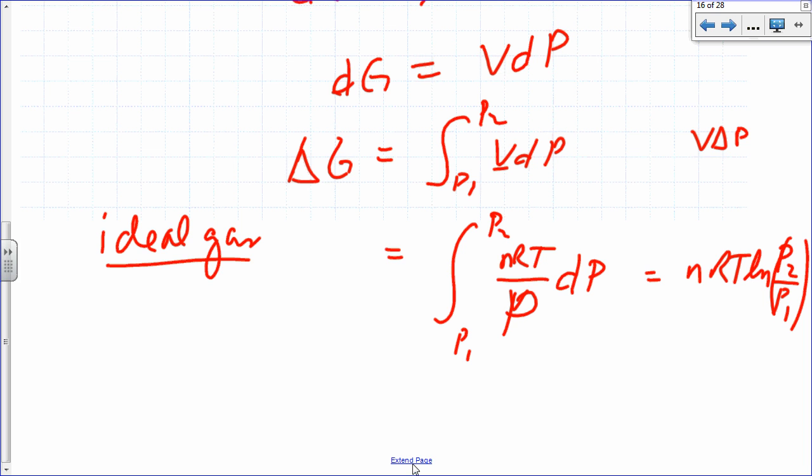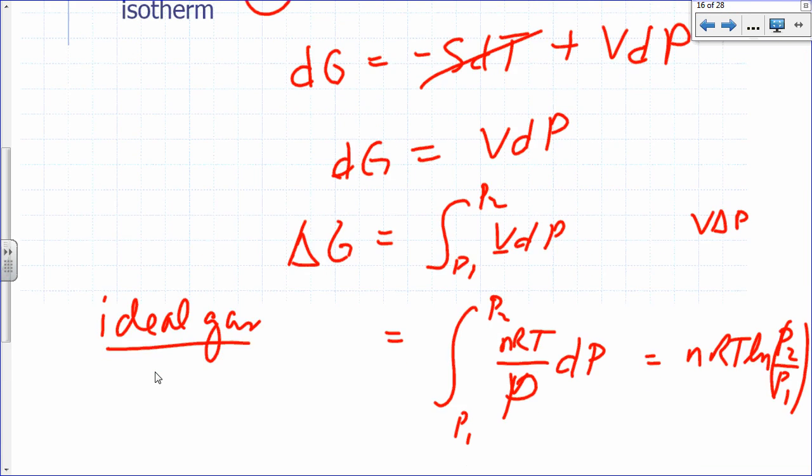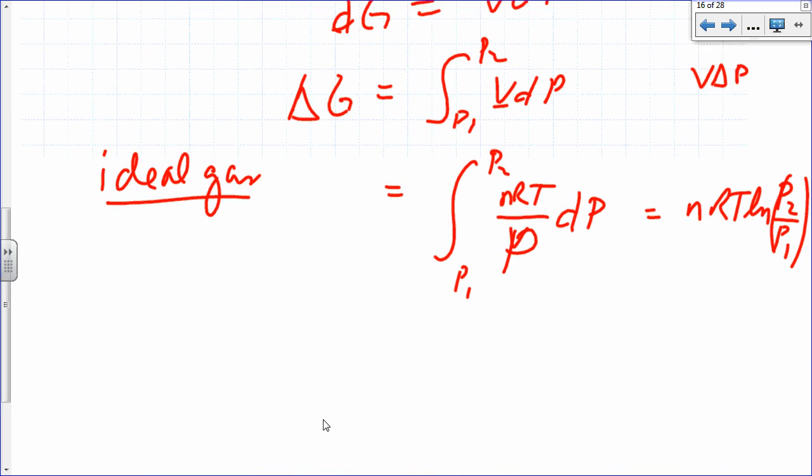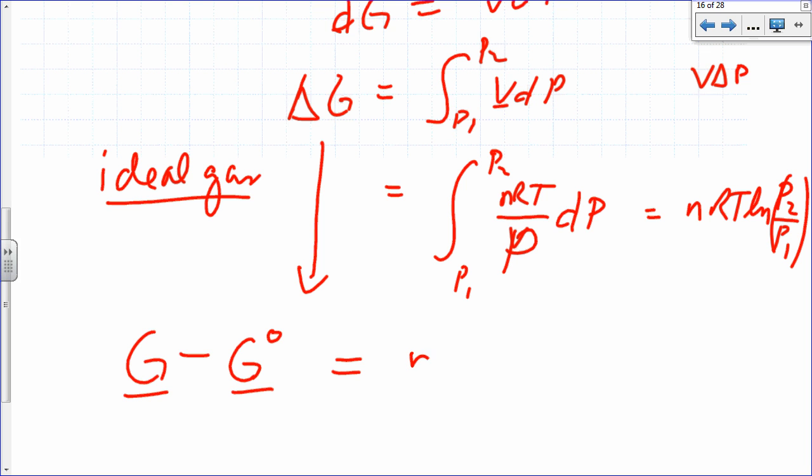All right. Now what if we knew what the Gibbs energy is at 1 bar, what would be the G at some other pressure at the same temperature? Then this delta G right here would be G minus G naught, right? So it's the difference of G at some pressure P minus G at 1 bar pressure, which is equal to, for an ideal gas, nRT ln P over P naught.